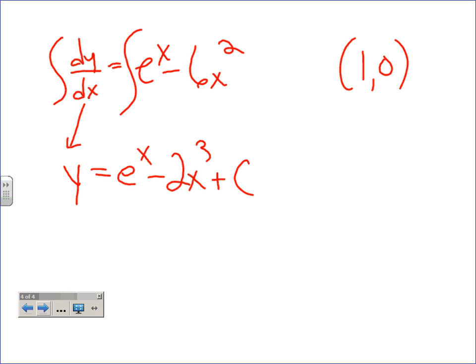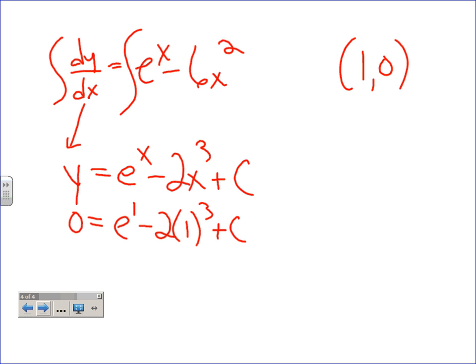Where am I going to substitute 1 in? For any place I see x, and I'm going to put 0 in any place I see y, and I see a y right there. So 0 equals e to the first minus 2 times 1 to the third plus a constant. c is the only variable left because we're finding just one of the answers.